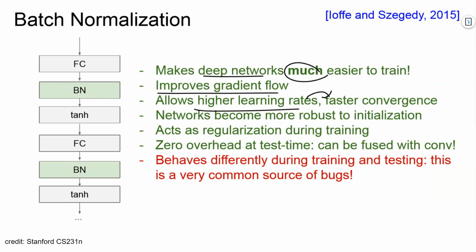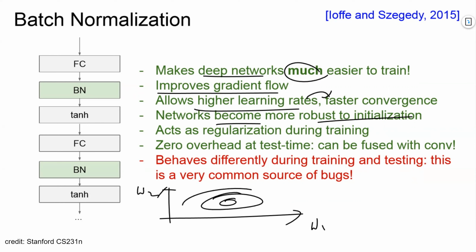And networks become more robust to initialization because if the distribution is different in each dimension, like this, then the scales for each dimension should be different. However, by employing batch normalization, these dimensions become normalized and have similar distributions, so we can easily initialize the weights of the parameters.